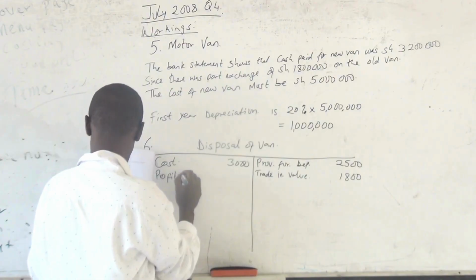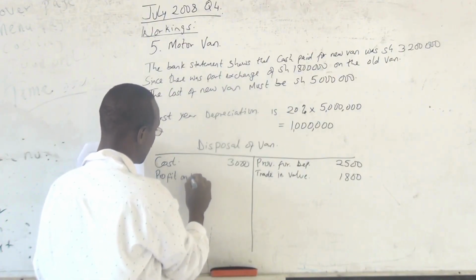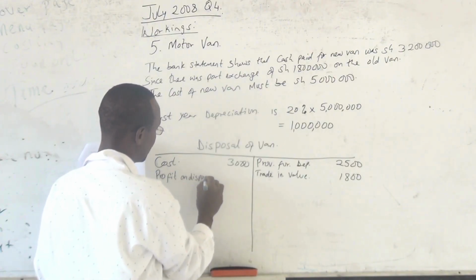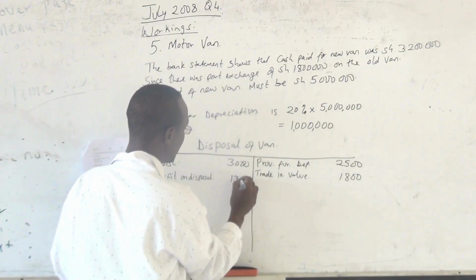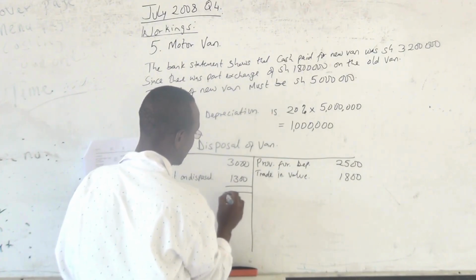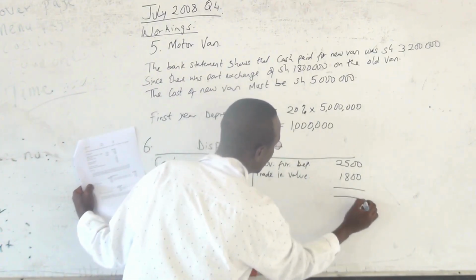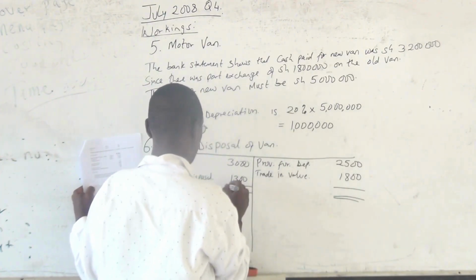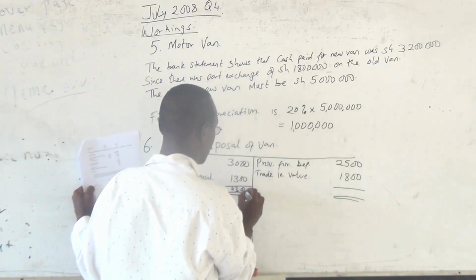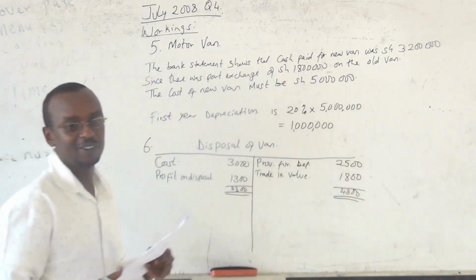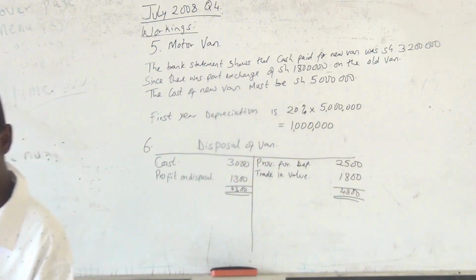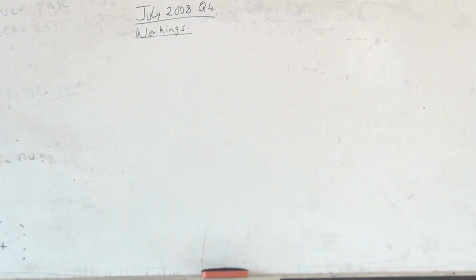Profit on disposal. That is 1,300. This is 4,300. 4,300. Is it okay? Yeah.